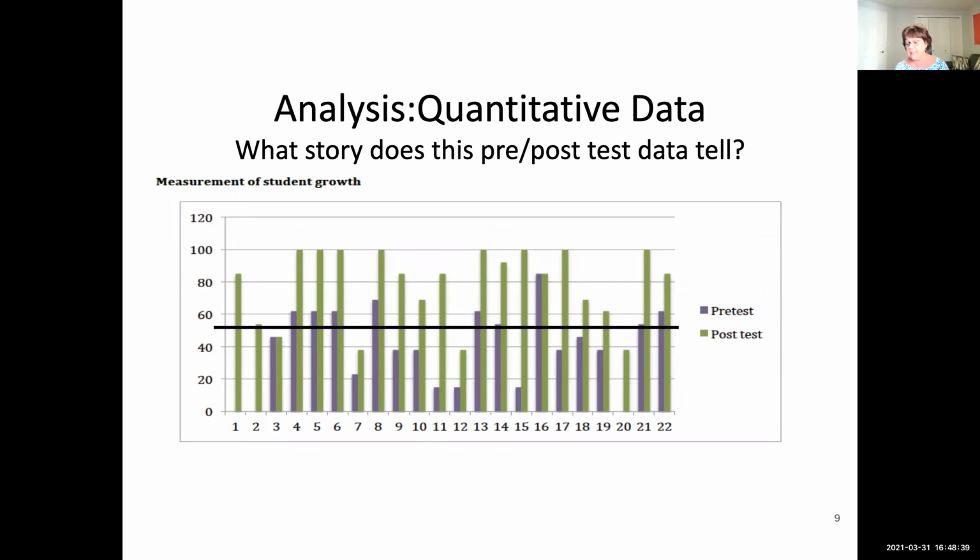But Mara says you also have a little bit of explaining to do because you have 3 kids that didn't take the pre-test. Why? You'll say something like, you will notice that 3 students did not take the pre-test. That is because they were out with COVID, whatever the reason was.